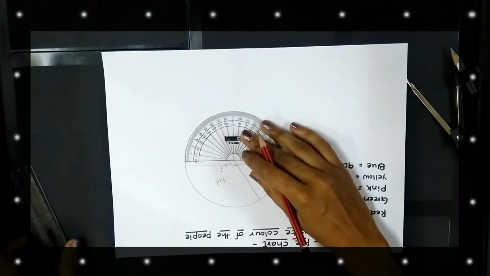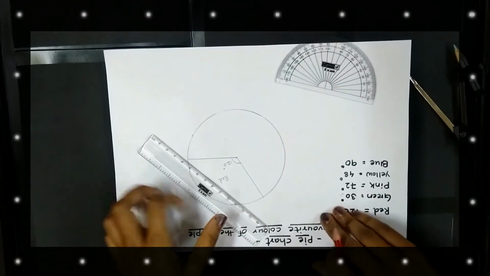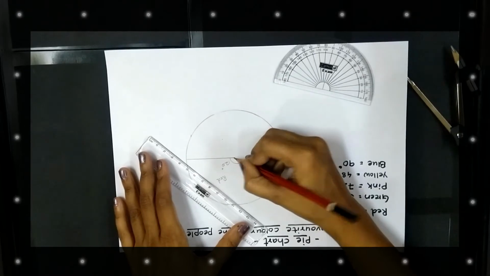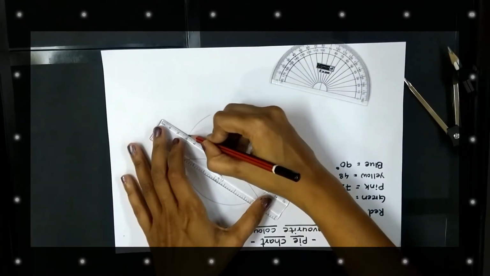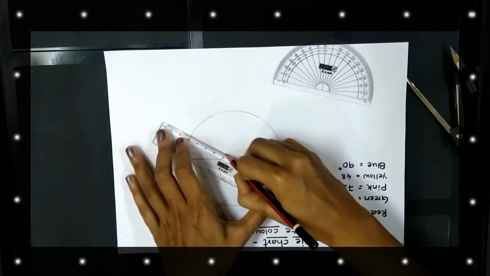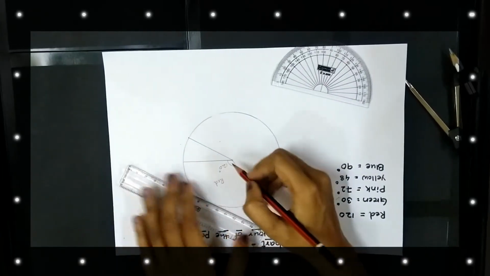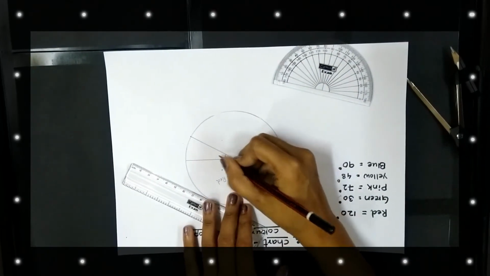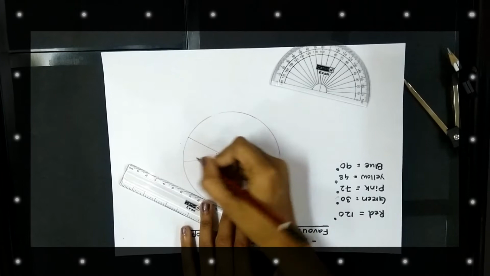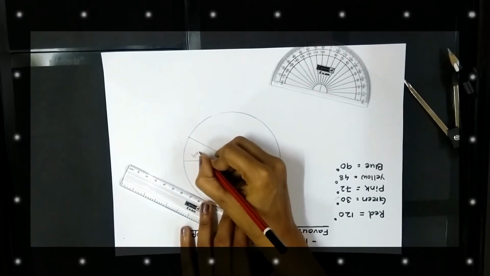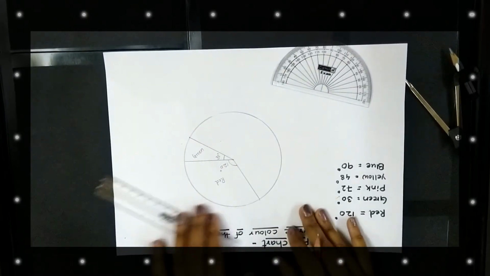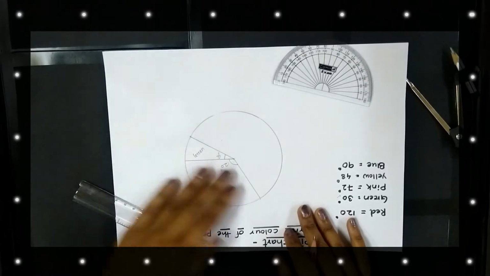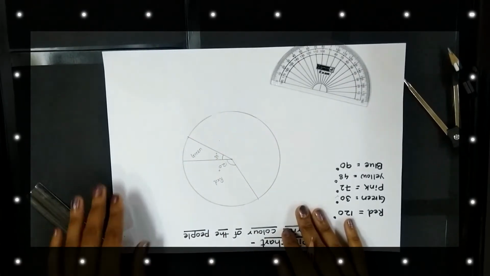After I mark these 30 degrees, I have to join again the center and the 30 degrees angle mark, and wherever these two lines meet over here, the angle of 30 degrees is made. This represents the sector for the people who like green as their favorite color.